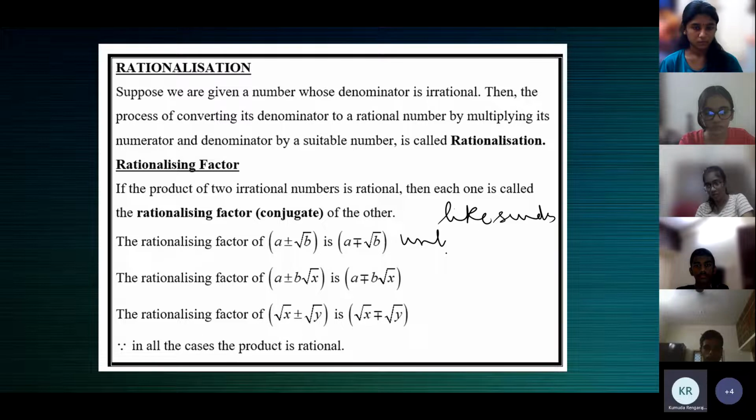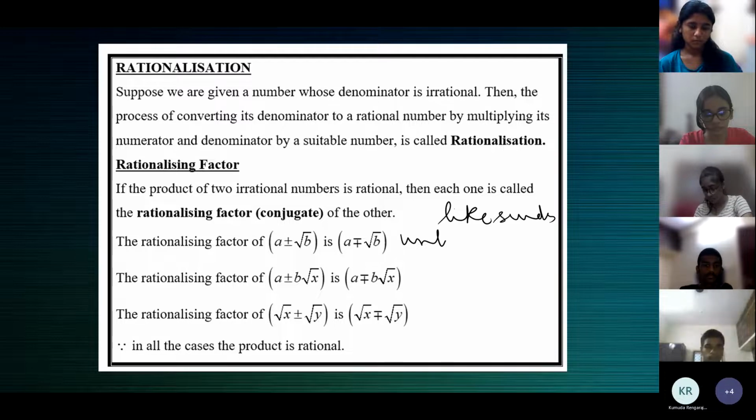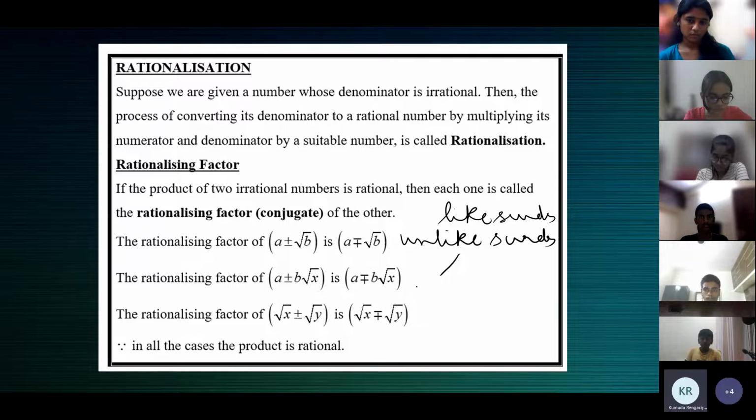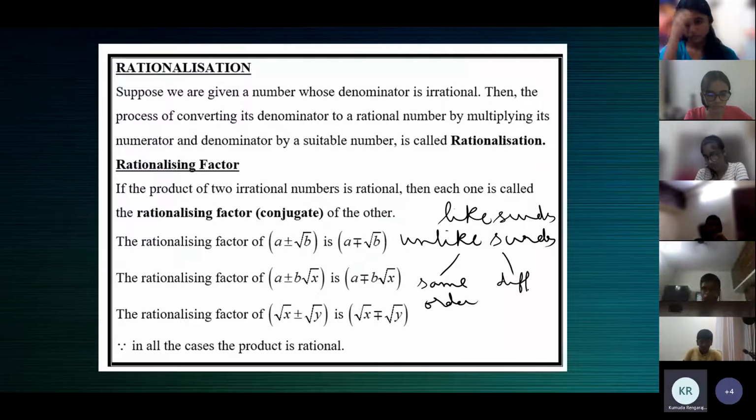When you look at some expressions and say, yeah, these are like surds, that means they will have the same order also. So in like surds, we don't have same order or different order, only like surds. In unlike surds, we have unlike surds of same order and unlike surds of different order.